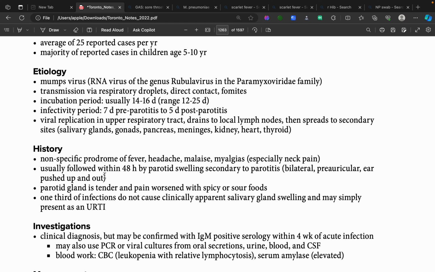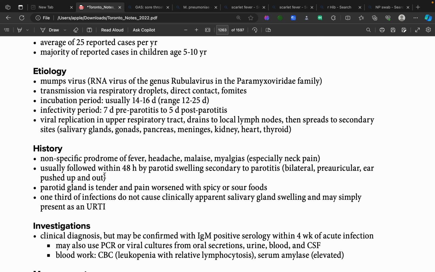Infections may not cause clinically apparent salivary gland swelling and may simply present as an URTI, so upper respiratory tract infection.